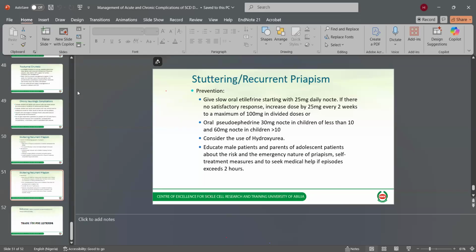The sequestration crisis, we know that the spleen functions as part of the reticuloendothelial system.